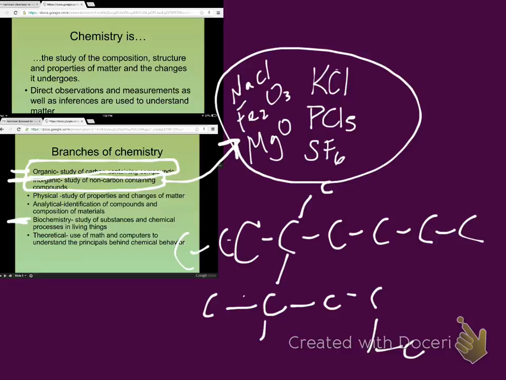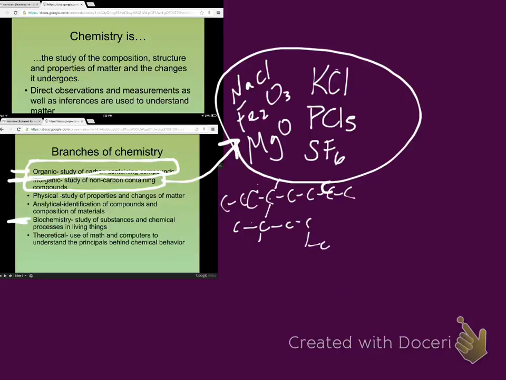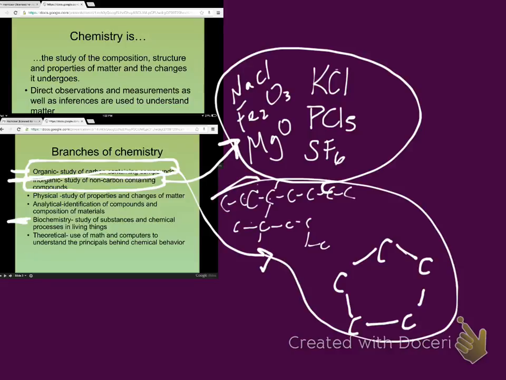Carbon can form rings. Carbon can turn around and bite its own tail. So that's a cyclical carbon atom. And that's what organic chemistry does. Organic chemistry looks at all of these crazy carbon-containing compounds.